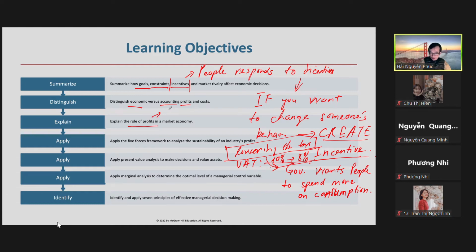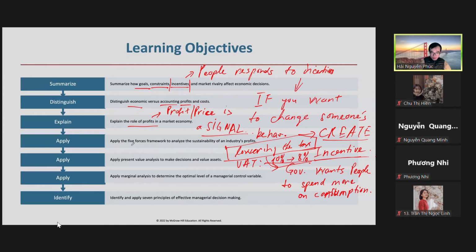In a market economy, the profit of the firms or the price of a good is a signal. And using this signal, we can allocate resources throughout the economy. All right? We can allocate resources throughout the economy.